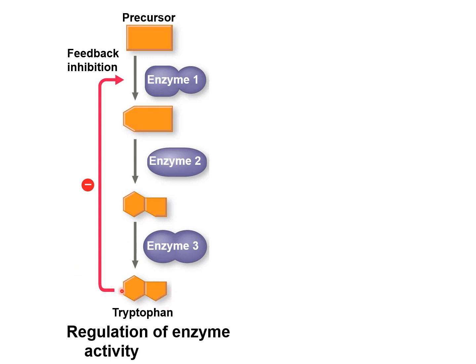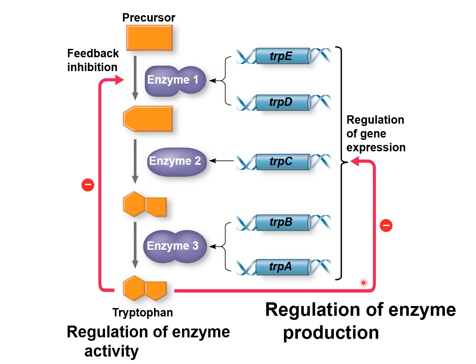And it's not an all or none thing either. As more tryptophan arises, it will slowly dial this down, sort of like gently pressing on the brake. It'll slow this pathway, and once we have excess tryptophan, then it'll completely shut it down. But generally speaking, it's more like a graded brake rather than an all or none. And it's a way of regulating resources so that you're not wasting them.